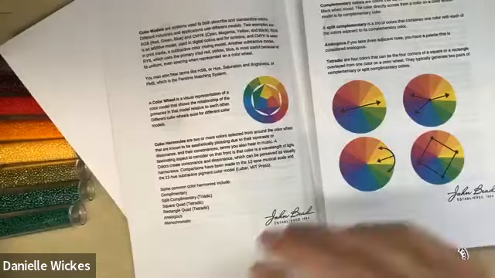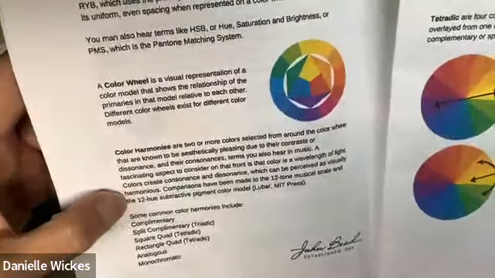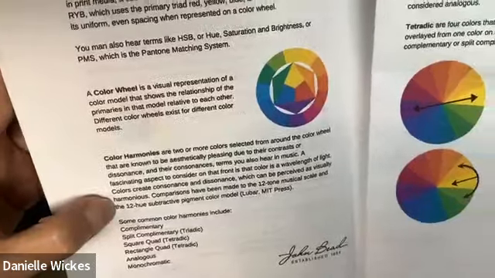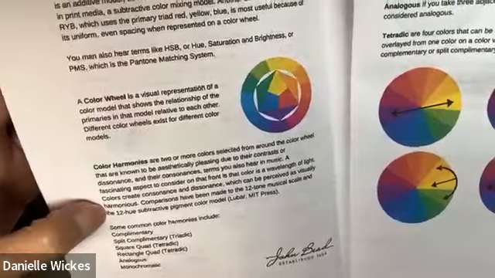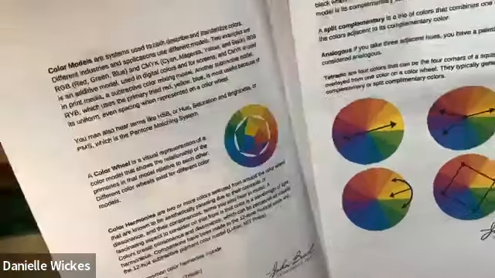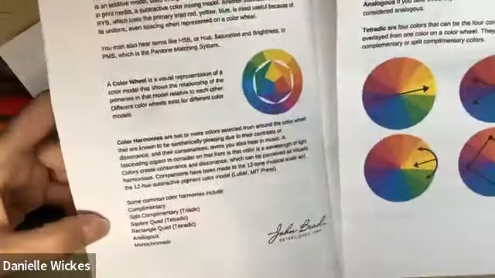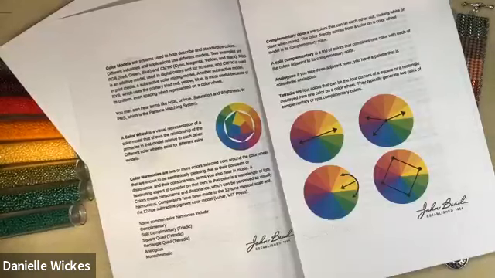So one of the cool things I found on my deep dive, and if you want to look into it more, it's a pretty fascinating area. But comparisons have been made to 12-tone musical scales and the 12-hue subtractive pigment color models, which are the color models typically used on a color wheel, 12 parts, right? It's interesting how, if you heard a chord played, maybe you don't like the music, but you recognize that that's a chord and that chord is harmonious.